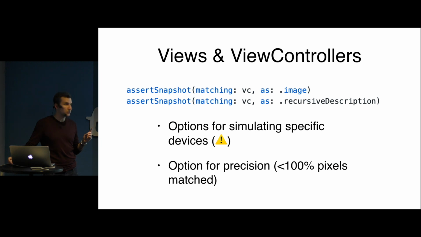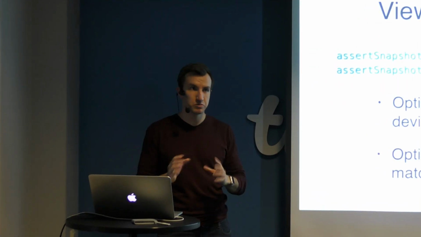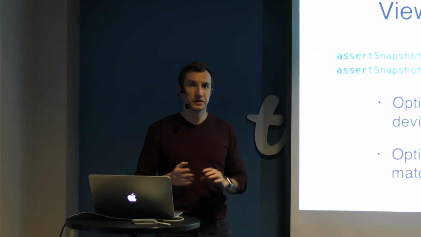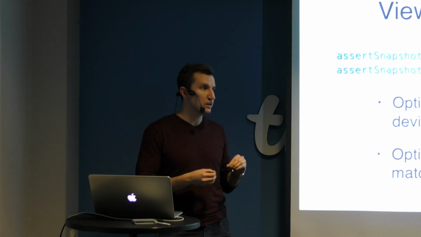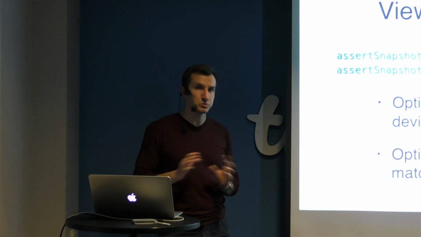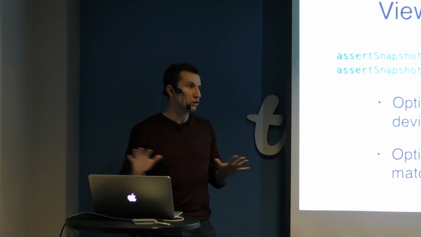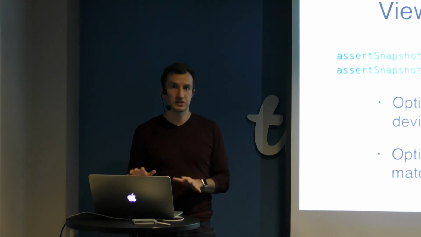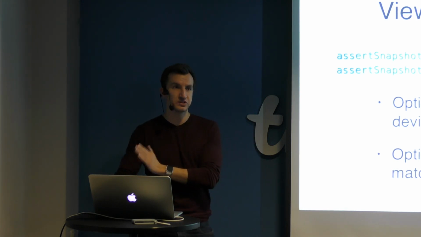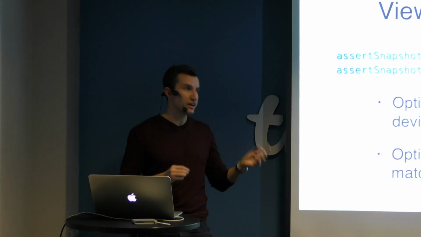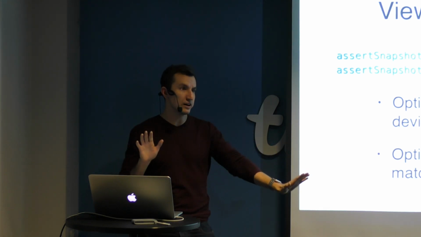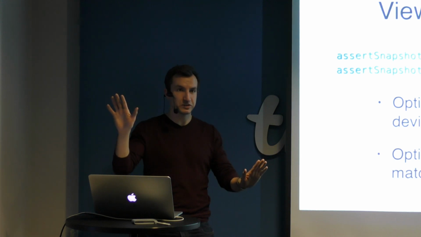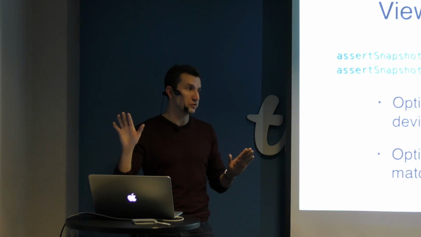One thing to note here is that you can simulate specific devices with this snapshotting for view controllers, but it can be really tricky. There are caveats to it. Currently, there's one limitation where basically all your machines that run these snapshot tests have to be set up to use the same kind of simulator, because else, if they have different scaling, if you have an iPhone X and an iPhone 5, and you have one 2x device and a 3x device, the screenshots are going to come out different.